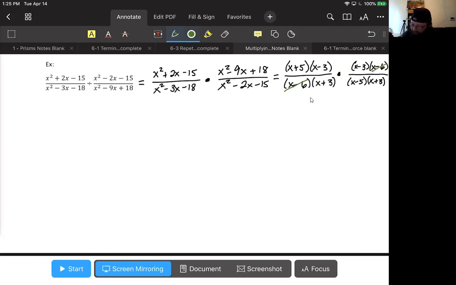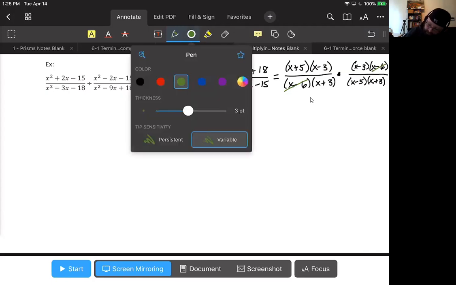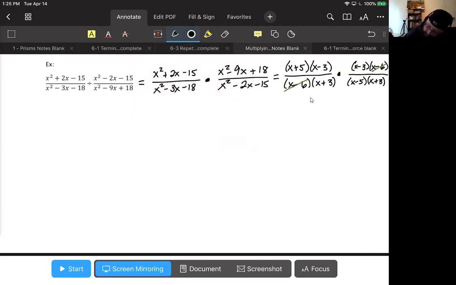Nothing else there will cancel. So we write whatever's left over. We have x plus 5 times x minus 3 times x minus 3 over x plus 3 times x minus 5 times x plus 3.